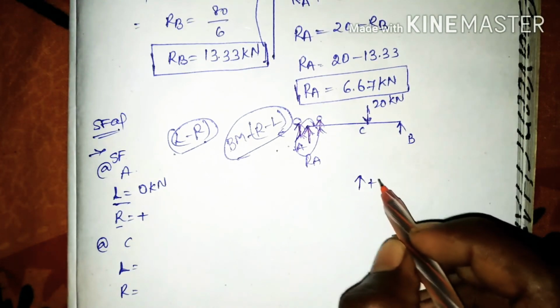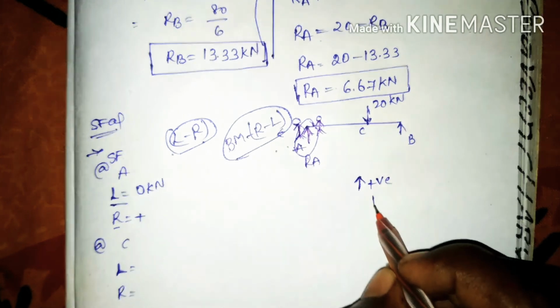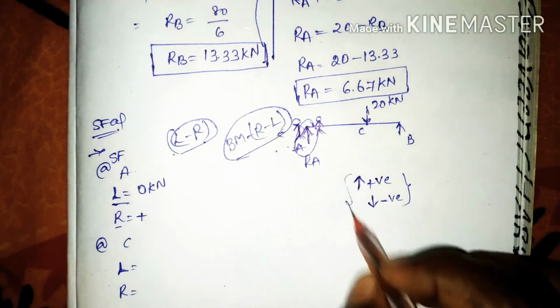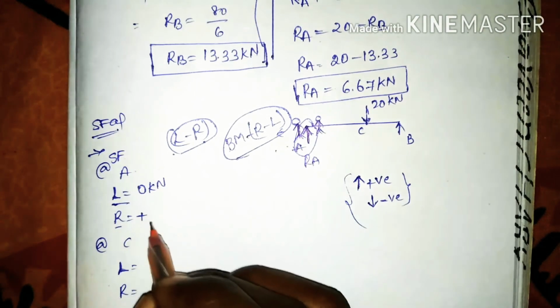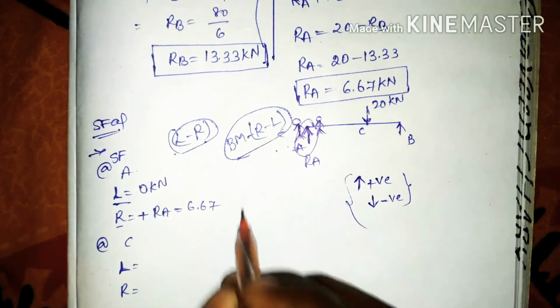When it is upward direction, I take it as positive; when it is downward direction, negative. The value of RA is 6.67.